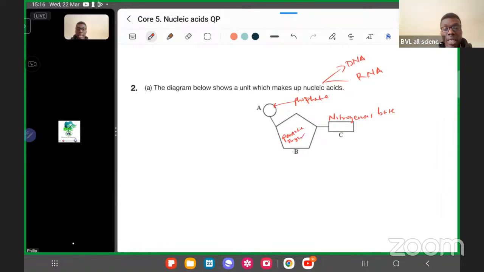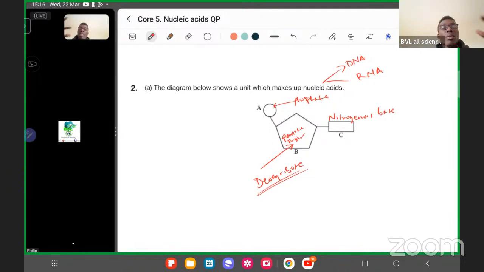Please remember that if this nucleotide is from DNA, this pentose sugar will actually be called deoxyribose. Pentose sugar just tells you it's a 5 carbon sugar.